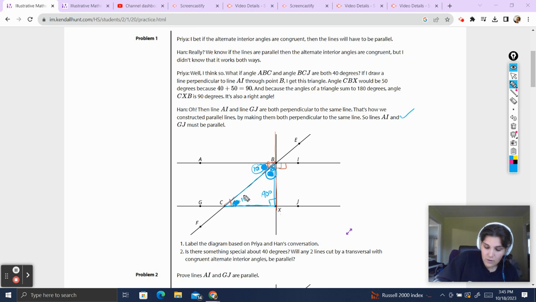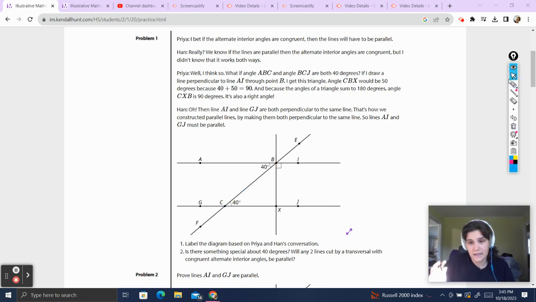This and this angle are the same, so these two add up to 90, but because these are the same, these two also add up to 90. And if these are 90, this has to be 90. So it doesn't matter if it's 40 or 50 or 10 or whatever it is. If the alternate interior angles are congruent, it means that the lines are parallel.